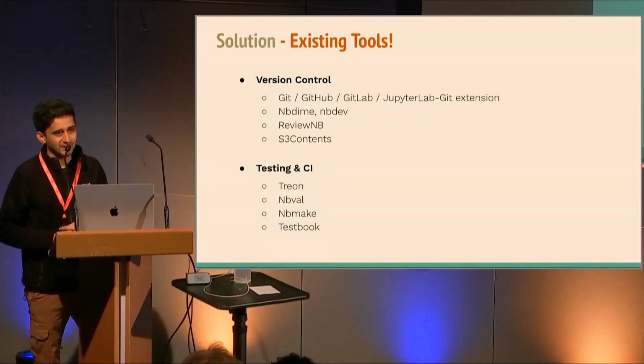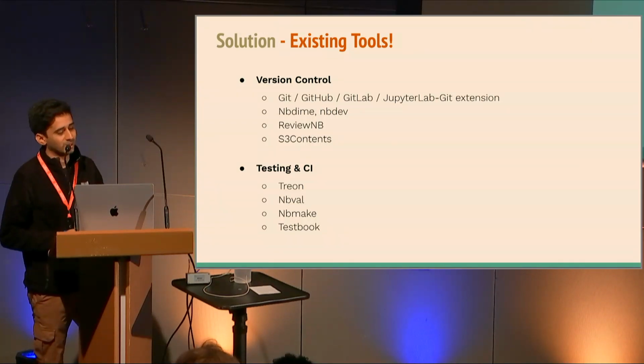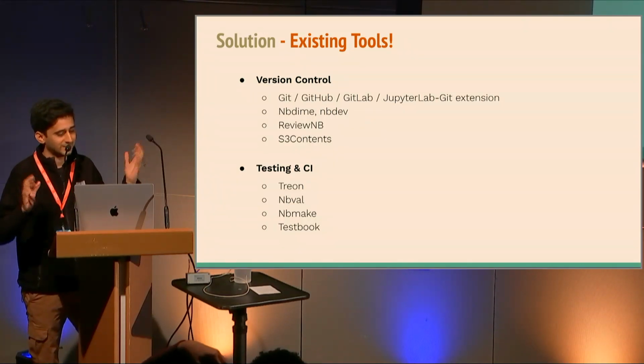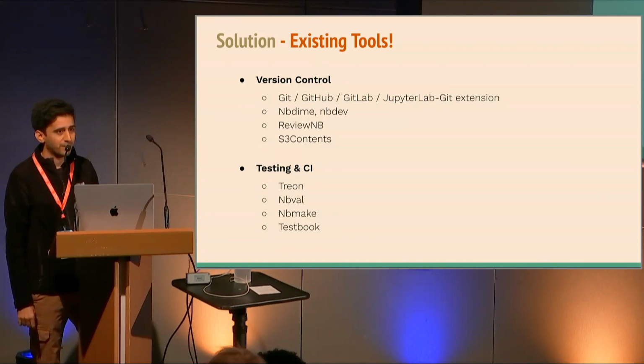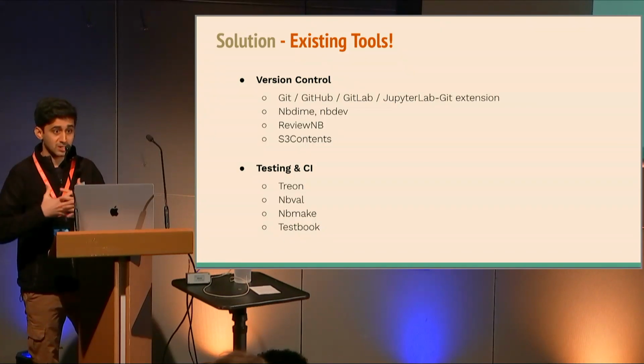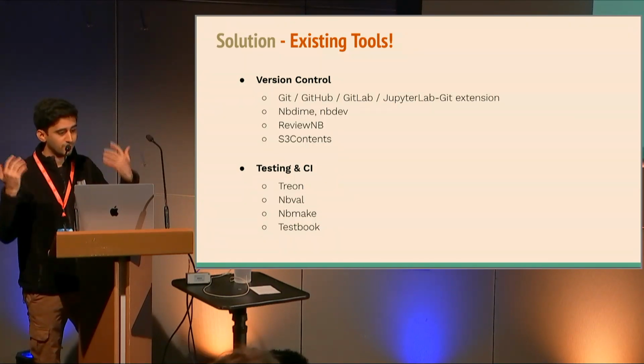There are existing tools you can use for version control: GitHub, GitLab, JupyterLab extensions, NBDime, nbdev. The first is usually for version control and pushing notebooks. You can use NBDime or nbdev to do merges and local diffs. You could use ReviewNB for code reviews.